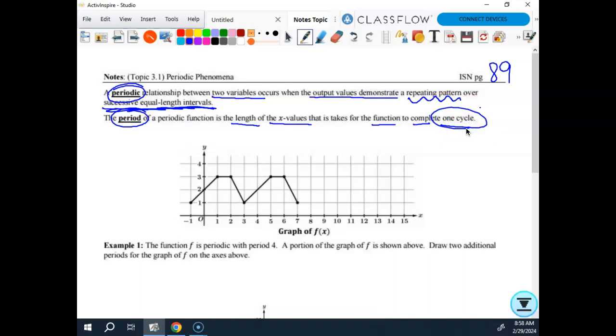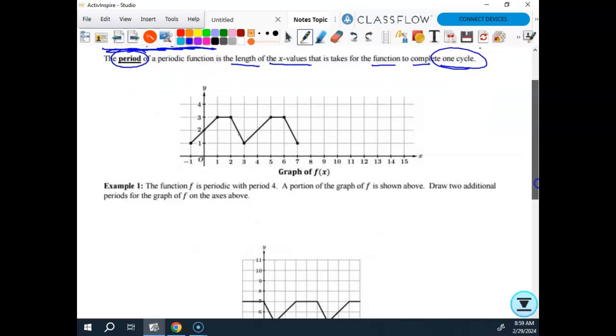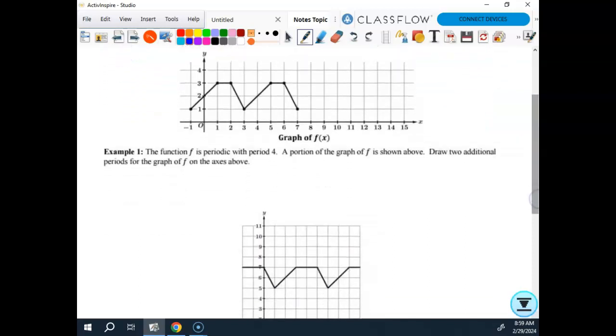Now, sometimes the wording of the question is a little bit weird, like it'll say, what is the smallest possible period? So if you look at this function here, you can see, hopefully, that it repeats, right? And so when I want to figure out what the period is, I can really start anywhere, okay? Because there technically is not a beginning, because this is just two cycles of it that are drawn, and it goes on infinitely in both directions.